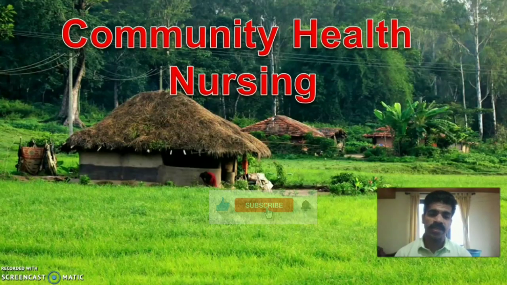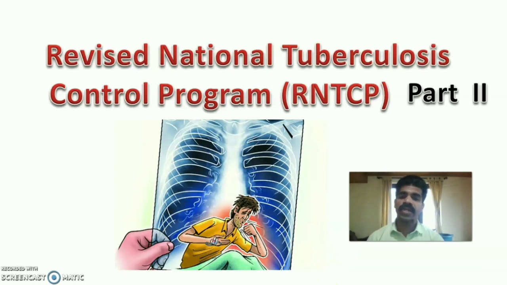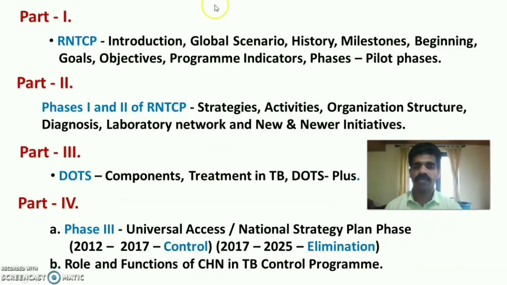Subject: Community Health Nursing. Topic for the day is Revised National Tuberculosis Control Program, RNTCP, Part 2. I have already uploaded the RNTCP Part 1 video with the introduction, global scenario, history, milestones, beginning of RNTCP, goals, objectives, program indicators and phases.